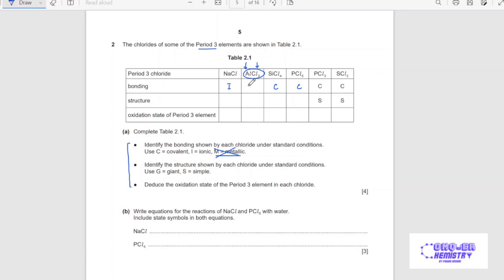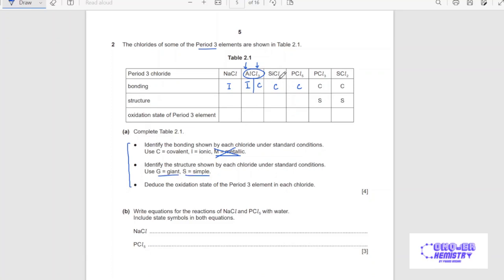Either you could write this as ionic, all right, because it's a metal and a non-metal, or you could write covalent because you have studied in your syllabus that AlCl3 bonds are covalent because of the low electronegativity difference between aluminium and chlorine, right? Now for the structure, this is either giant or simple.